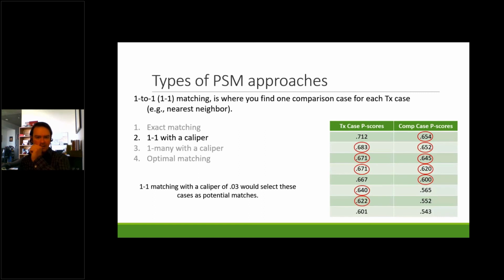So in a one-to-one matching scheme, this is where you try to find one comparison case for each treatment case. Typically, this involves identifying the nearest neighbor within the propensity score. And if you're using a caliper, then that's going to specifically narrow down which nearest neighbor you choose. So one-to-one matching with a caliper of 0.03, for instance, would select these cases as potential matches.